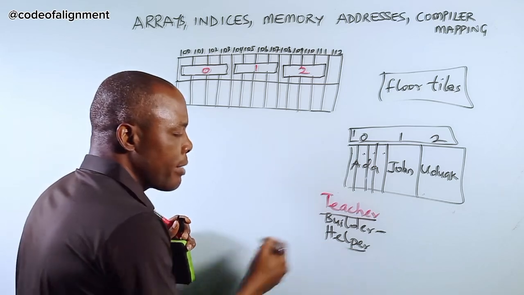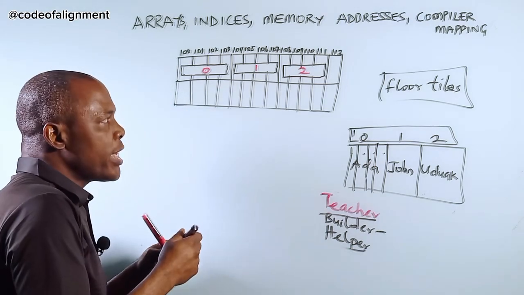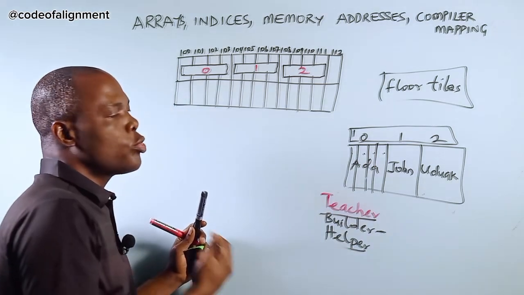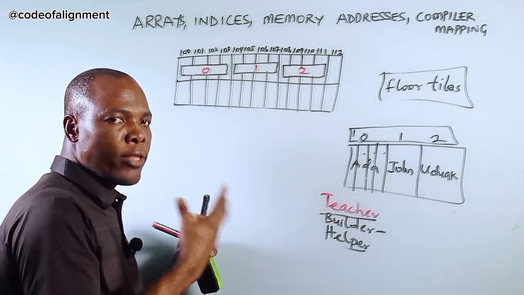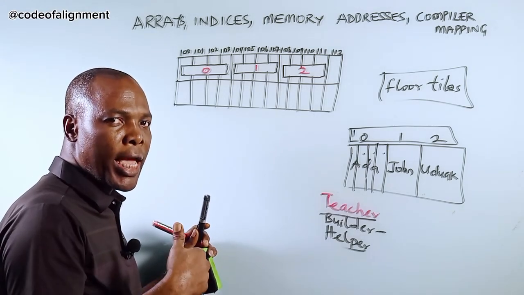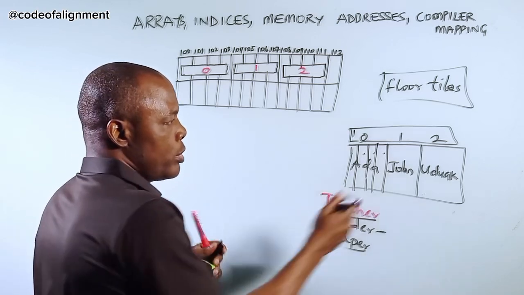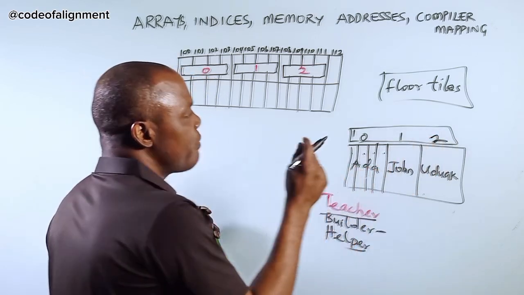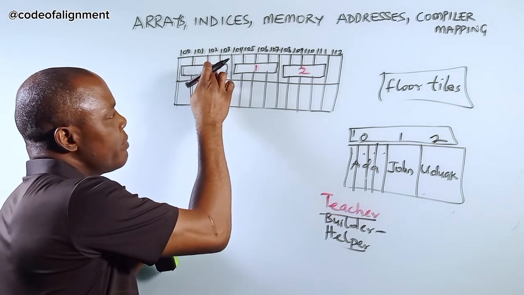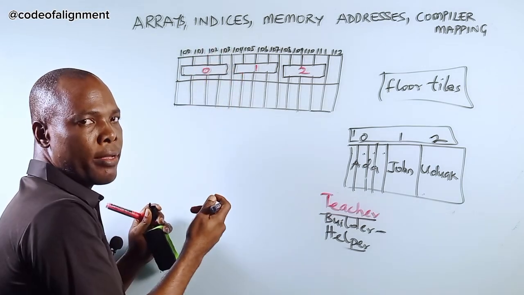Now, there is the helper. So if the teacher should tell the helper, go to chair number 2 and bring the child in that chair, so this is chair number 2, we are having 2 numbers now. We have this number and then this number.